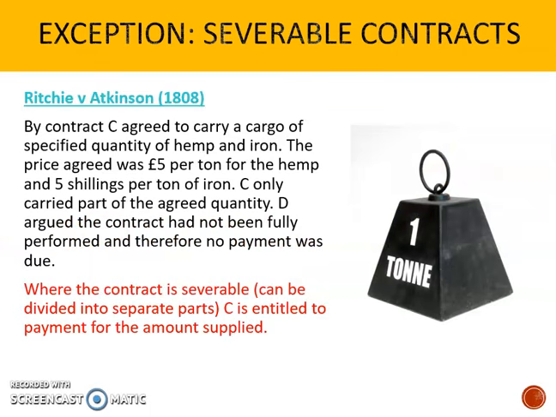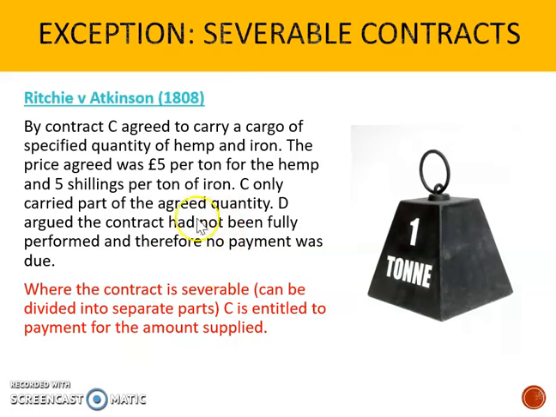Another exception to the Cutter and Powell performance rule is if you've got a severable contract, and that's illustrated in the case of Ritchie and Atkinson. By contract, our claimant here agreed to carry a cargo of specified hemp and iron. The price agreed was £5 a tonne for hemp and 5 shillings per tonne of iron. And the claimant only carried part of the agreed quantity.